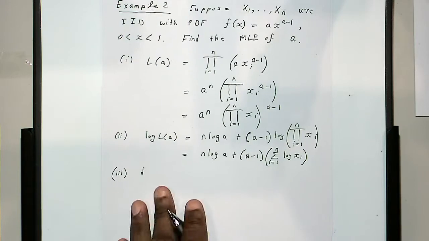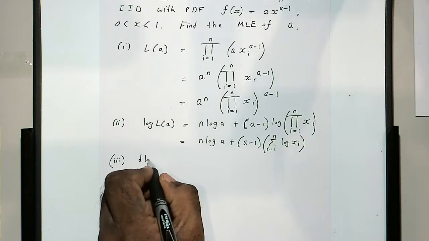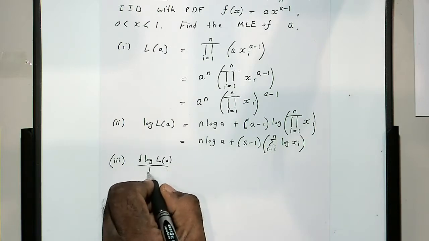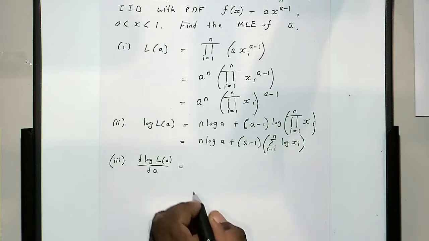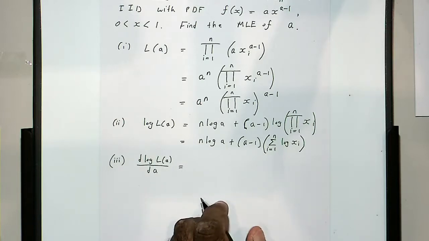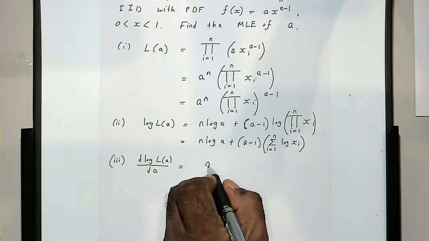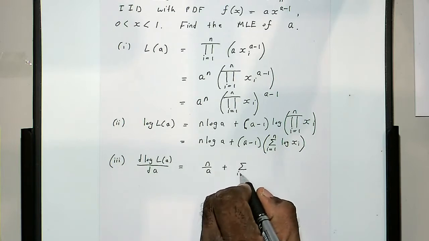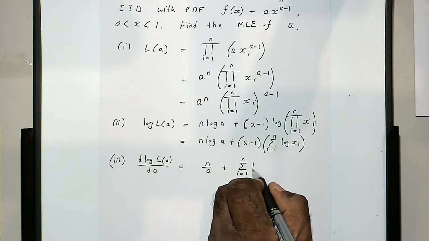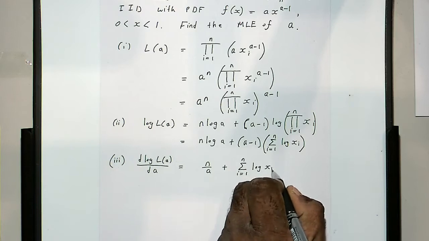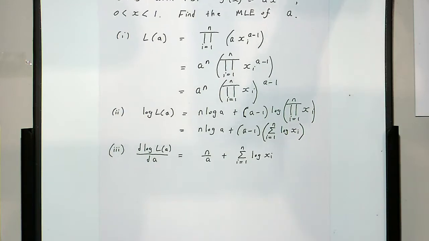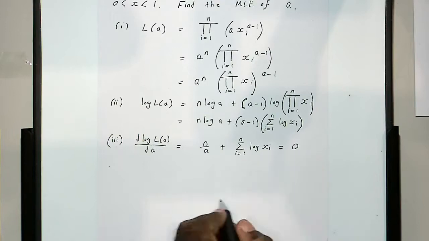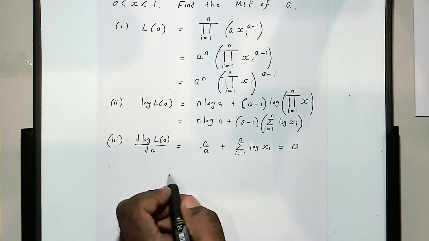The third step is to take the derivative with respect to A. So this is n divided by A plus, yeah, this is the third step. And the fourth, we need to solve this equation for A, which is easy.